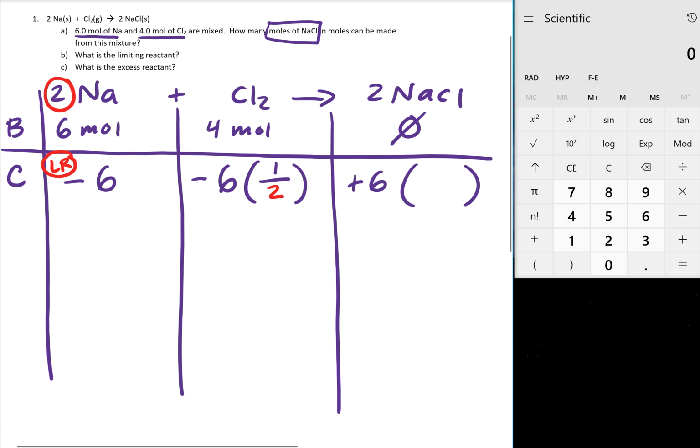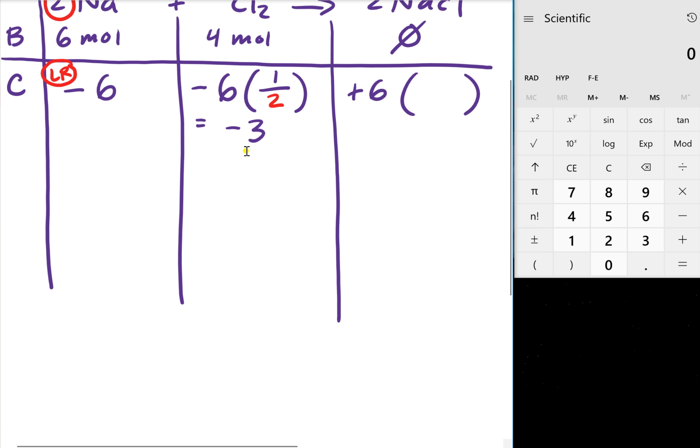So real quickly, we're going to do some math. 6 divided by 2 gives me 3. And I pause. This is when I determine if in fact sodium is limiting or not. Chlorine, we start with 4 moles of chlorine available.